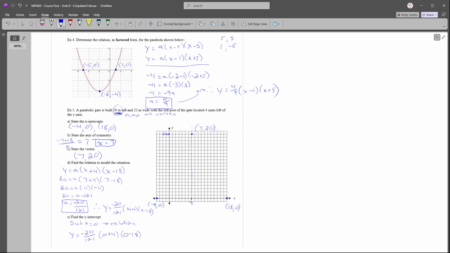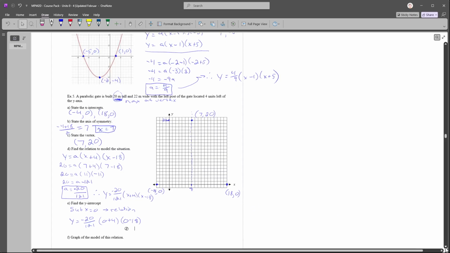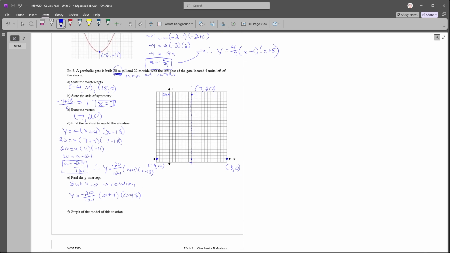I'm going to scroll down a little bit so we can see everything. Does that come out to a nice number? Not really. It comes out to y approximately equal to 11.9. But that doesn't make it wrong. So let's graph this in.